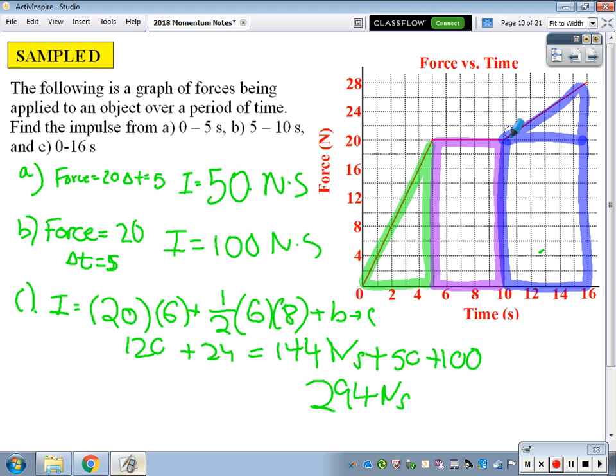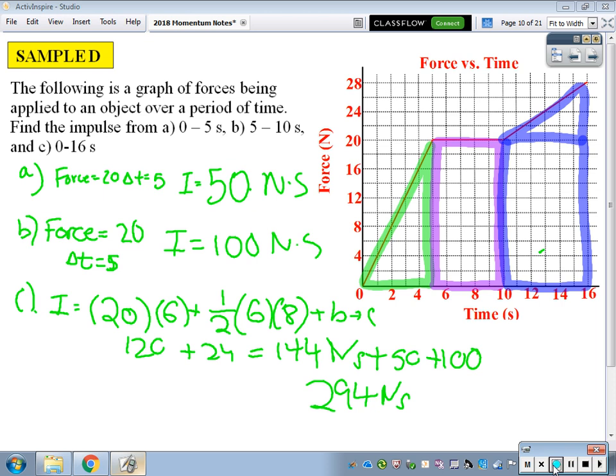Or you can go ahead and show the 1/2 base times height substitution. Pardon the interruption. So 1/2 base times height, find the area of our right triangle. We find 50 Newton seconds. We all agree, 50 Newton seconds? Yes, we should. That's what it is.